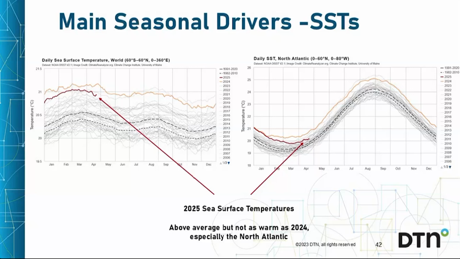Most of the cooling compared with last year's is down towards the tropics rather than in the northern parts of the North Atlantic. It might come closer to average before temperatures pick up again through May and June. The anomaly is expected to increase again, and we'll have a little discussion about that later when we come to the tropical section.